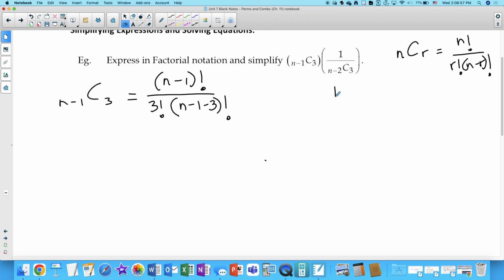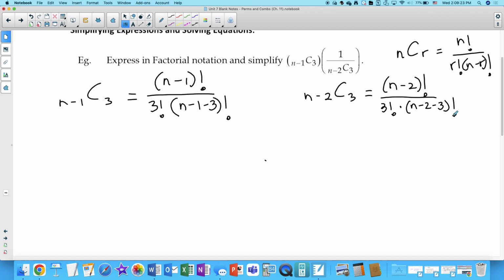Okay? And then also, or actually you may even just want to do this. Just work with the denominator, right? So instead of putting it into a fraction right away, just think about what n minus 2 choose 3 is equal to. That's going to be n minus 2 factorial over 3 factorial times n minus 2 minus 3 factorial. Okay?